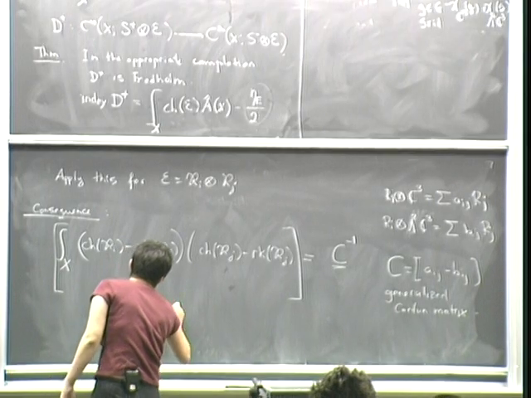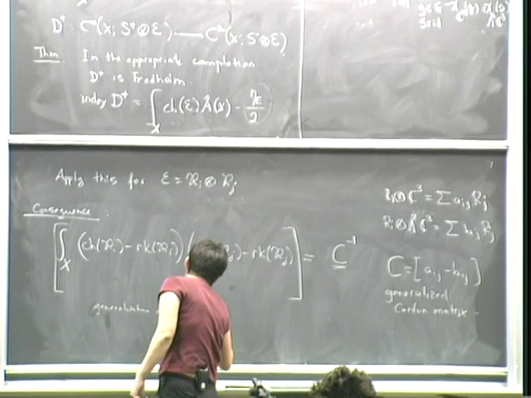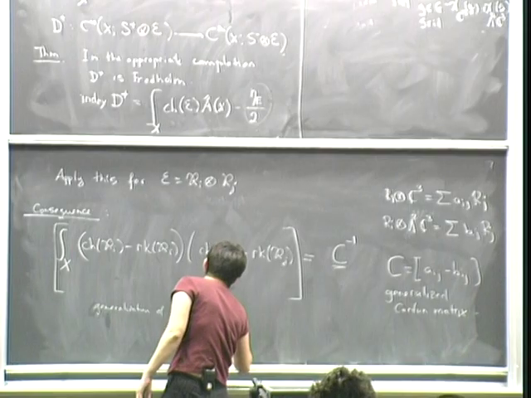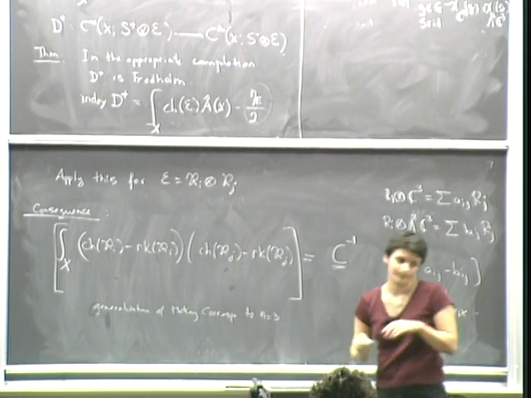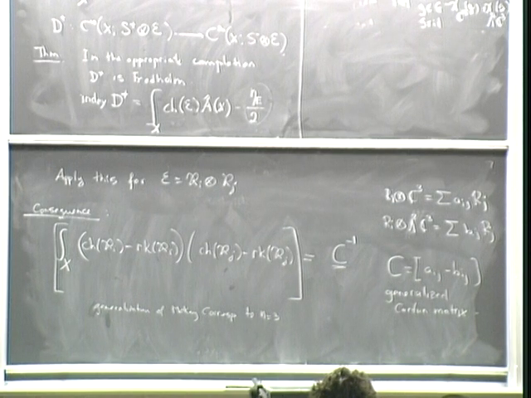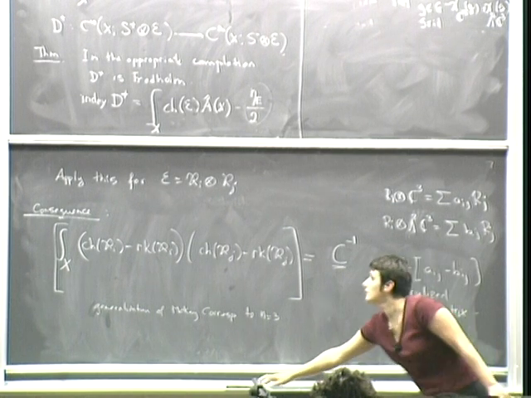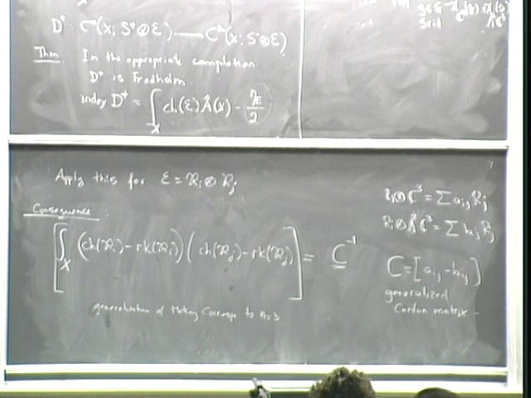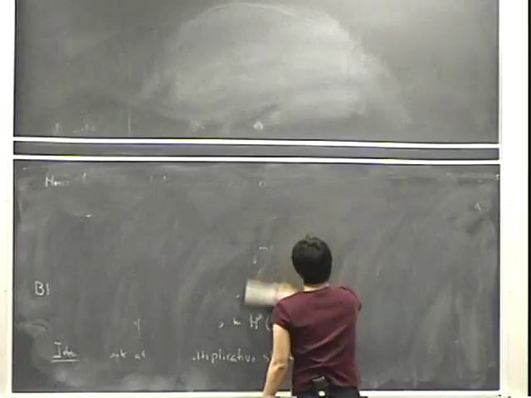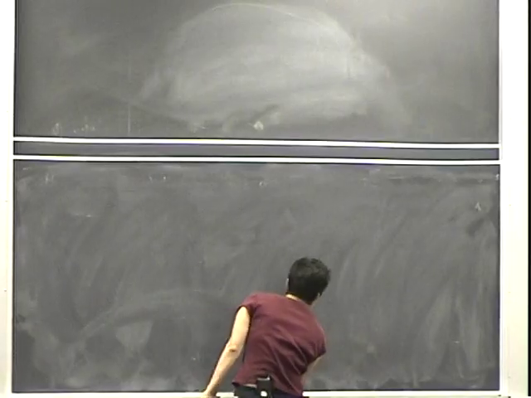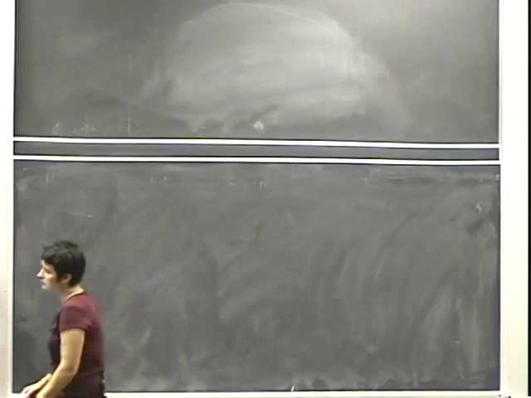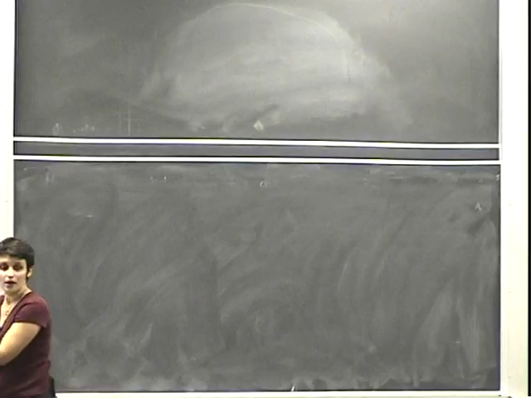Of Markov correspondence, N equals 3. But now, if you look at this formula, you can notice something which is very funny.